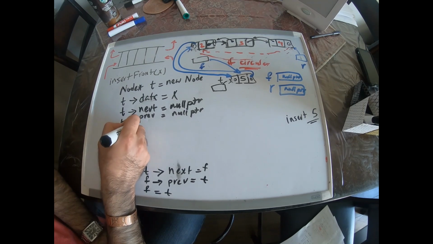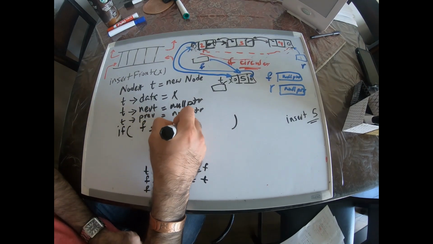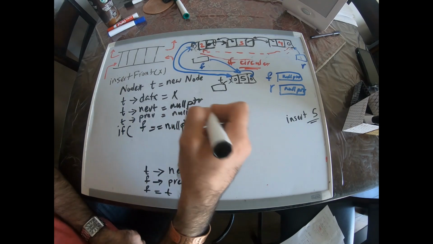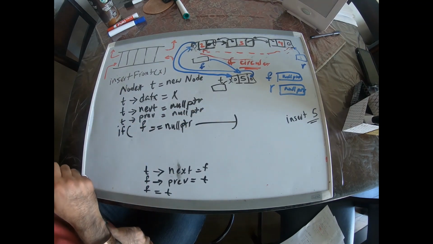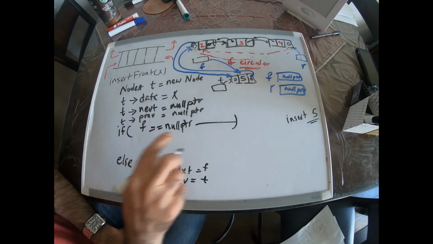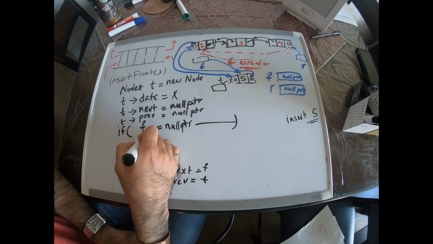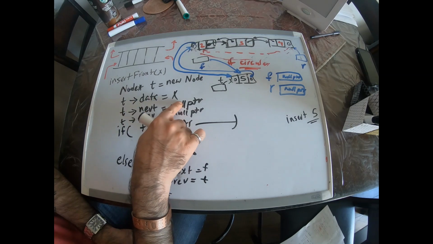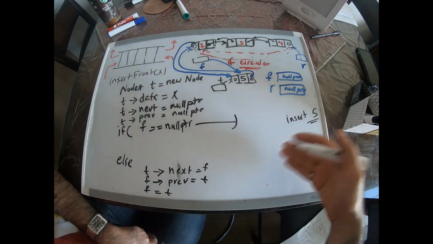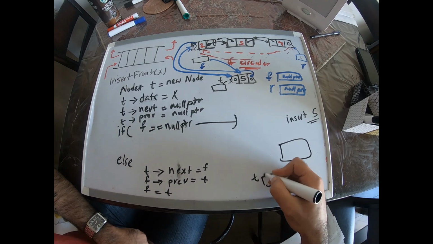If front is equal null pointer and rear is equal null pointer, if that's the case, what should we do? We just have to say that we already put the data there. So we don't have any linked list. We allocated this node.